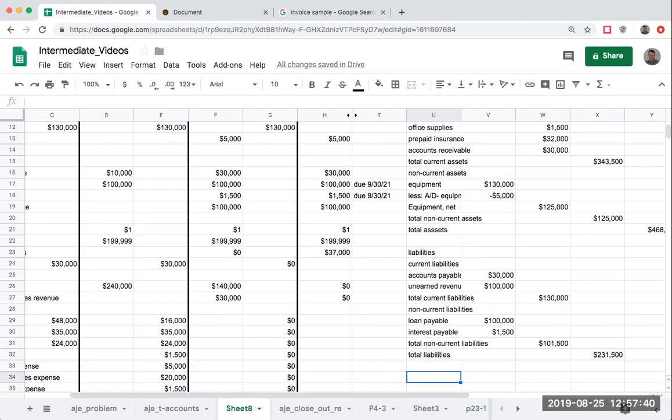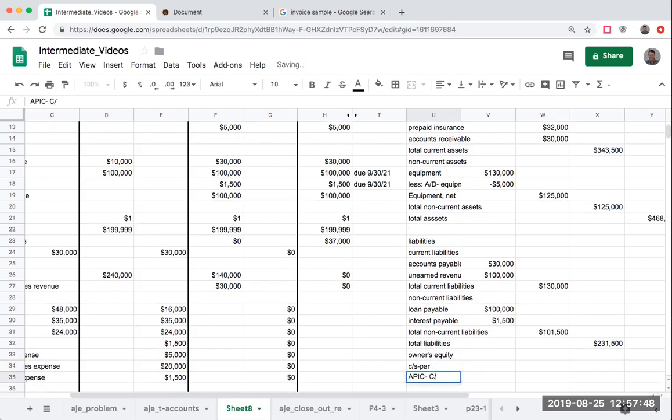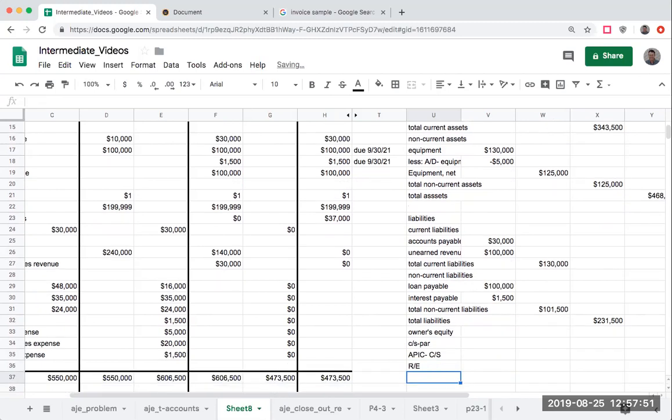Lastly, my total assets are equal to my total liabilities plus my owner's equity. So I'm going to have my owner's equity, which is going to be my common stock at par, additional paid-in capital common stock, and then my retained earnings. So over here, my common stock at par is $1. Additional paid-in capital common stock is $199,999, and then my retained earnings were $37,000.